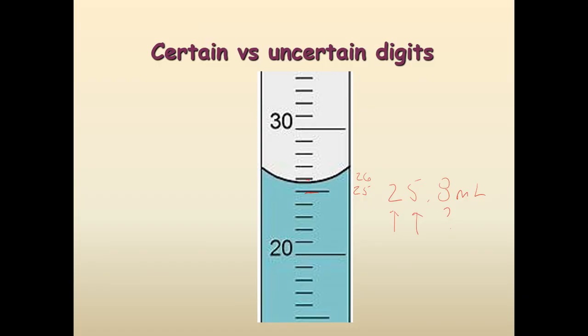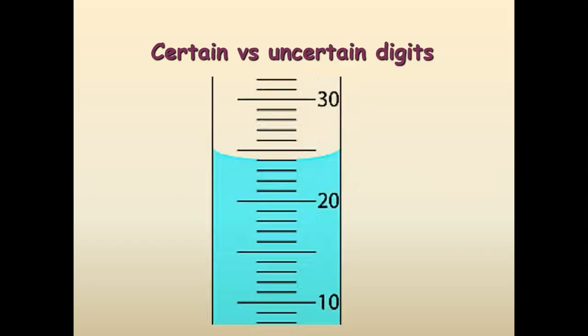I might even go so far as to say, looking at this one, it's between 24 and 25. As a matter of fact, it looks like it's exactly on the 24. I think that meniscus is touching the line, so I'd say that was 24.0 mils.